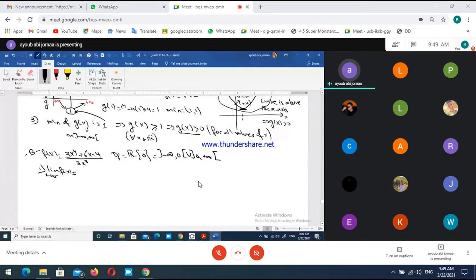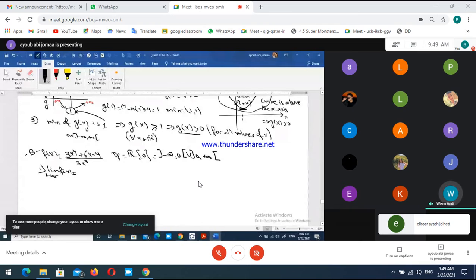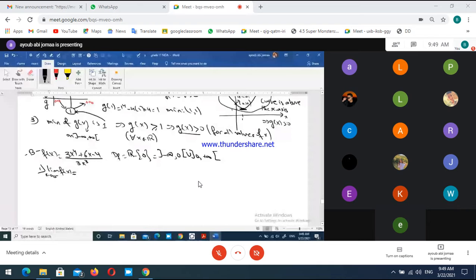Don't you have to replace? Replace the x by 0 minus. The first thing we do is replace by zero.